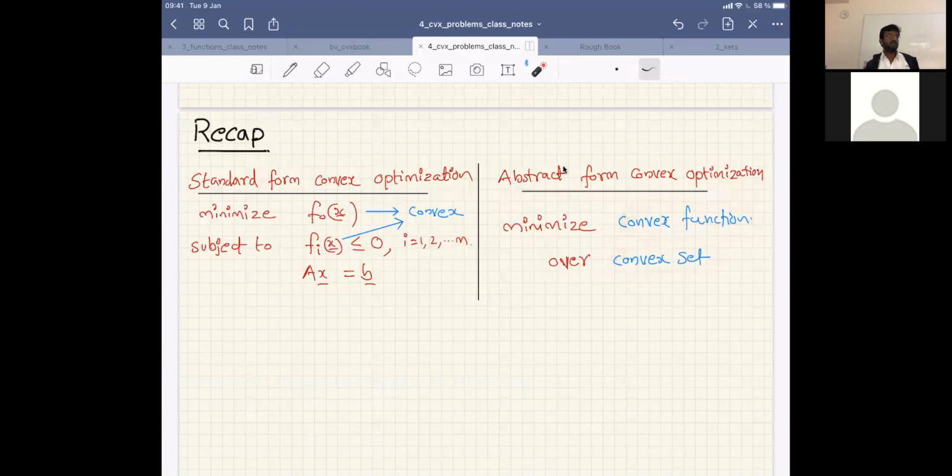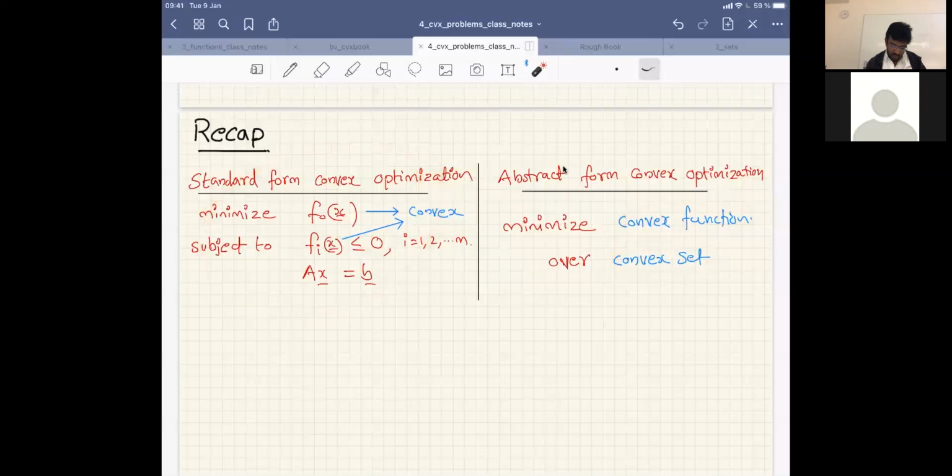Why? Because we will be sticking to this definition throughout this course, and this is very helpful in many scenarios. Even many solvers are expecting problems in this form. So we saw how we can define a convex optimization problem.